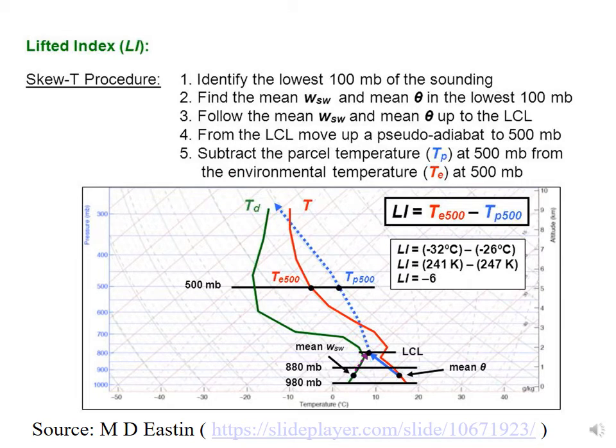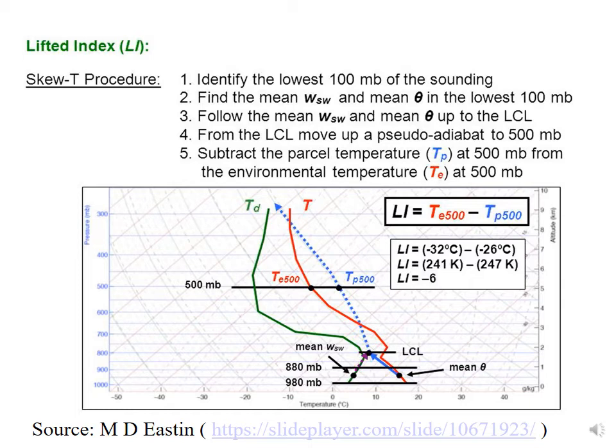So we start off with determining where the boundary layer is at. In this case, we identify the lowest 10 kilopascals of the sounding, and we find the mean mixing ratio, R. In this case, it's listed here as W, but we're often using it as R. And the mean potential temperature in the lowest layer.